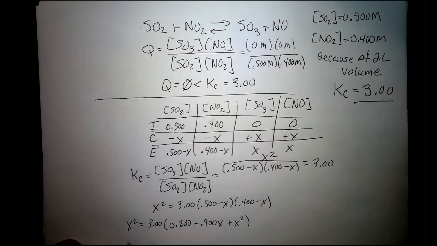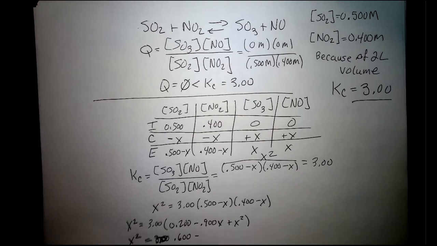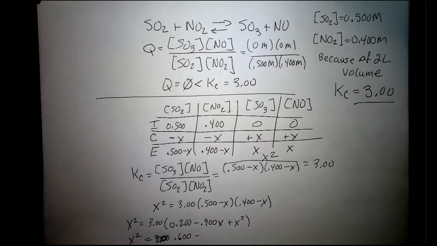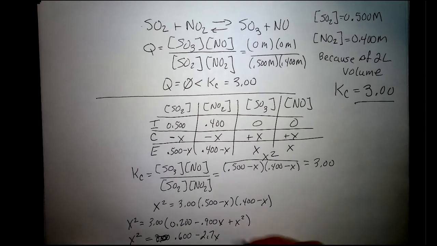Then I've got to distribute my 3. When we distribute that, we get 0.600, minus 9 times 3 is 2.7x, plus 3x squared.